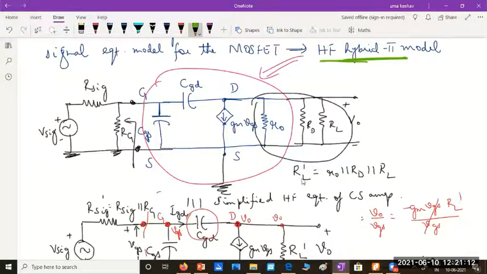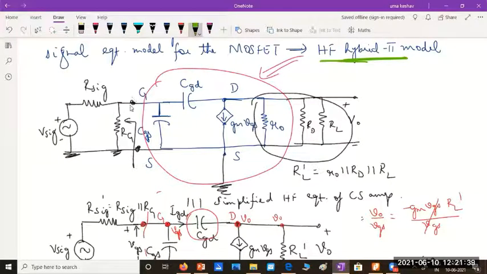So the effective load resistance RL dash is the parallel combination of R0, RD and RL. All the three put together, we'll get RL dash. Similarly, what we did on the input side to simplify this circuit, we wanted to consider the Thevenin's equivalent resistance between the gate and the source.